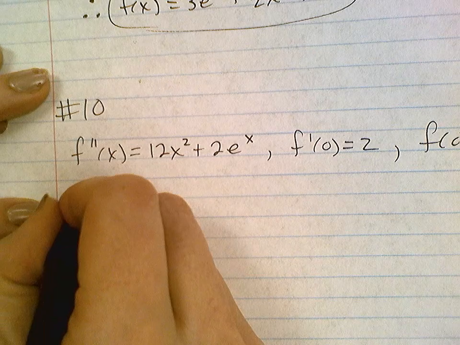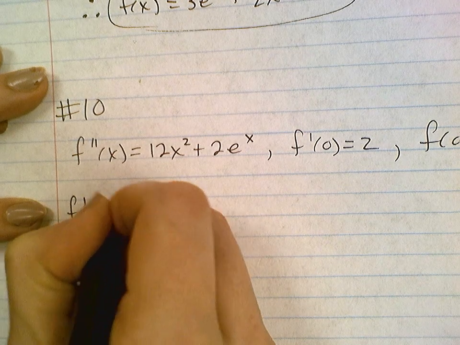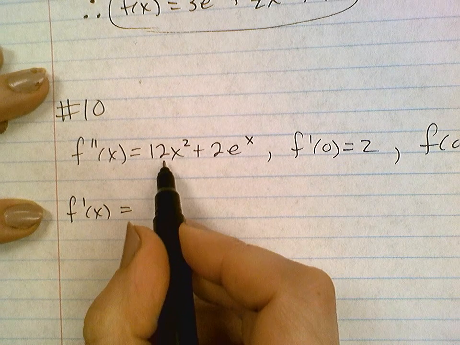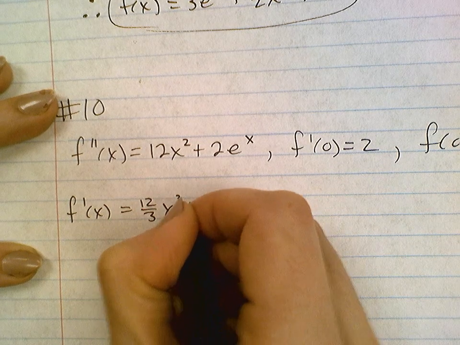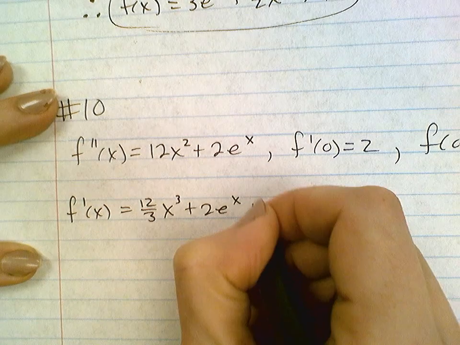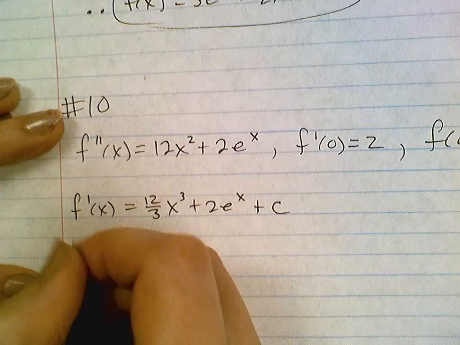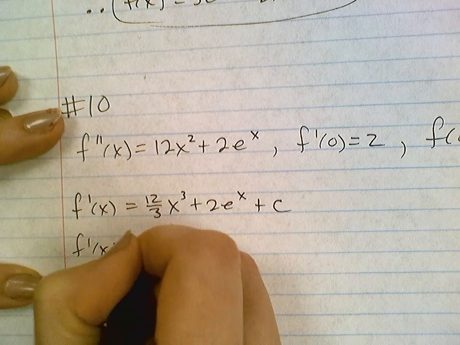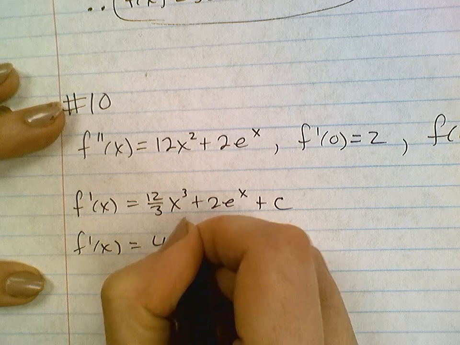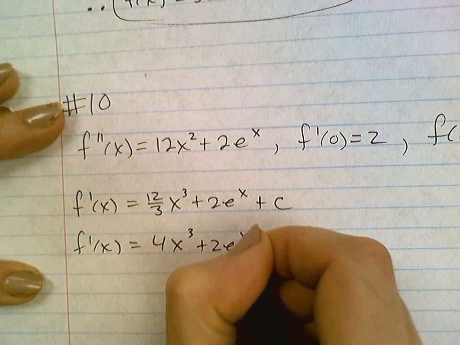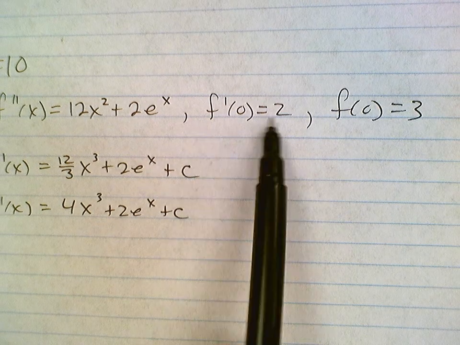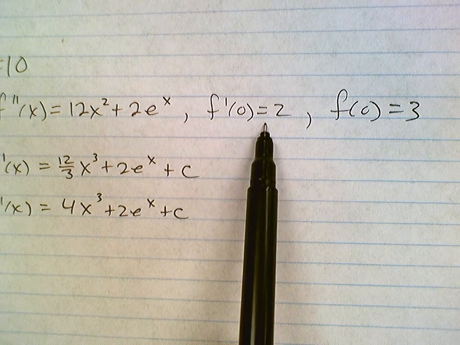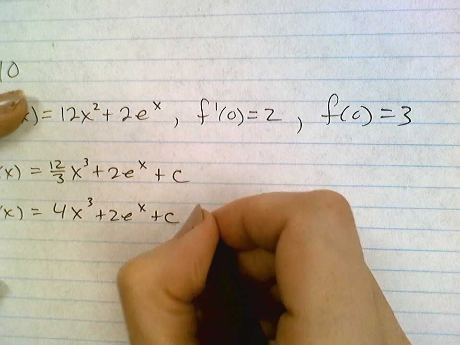So f prime of x equals 12 over 3 x to the third plus 2e to the x plus c. So f prime of x is 4x to the third plus 2e to the x plus c. Okay, and f prime of 0 is 2.